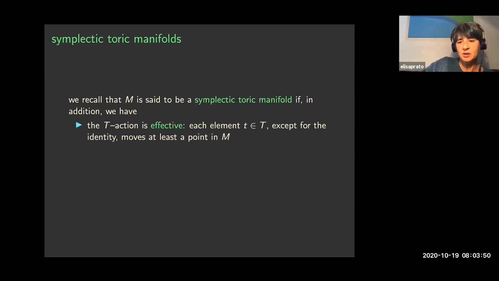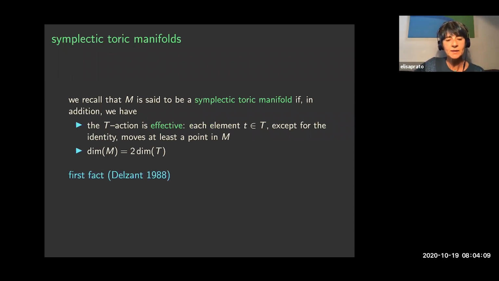This means that each element in the torus, except for the identity, moves at least a point in the manifold. And the action is completely integrable, meaning that the dimension of the manifold is exactly twice the dimension of the torus.